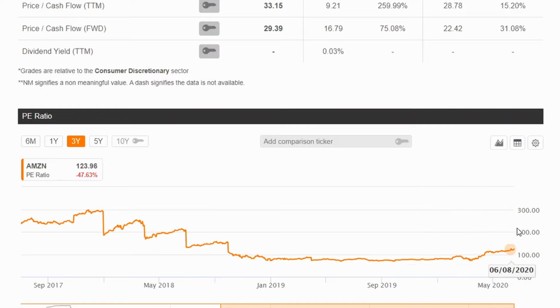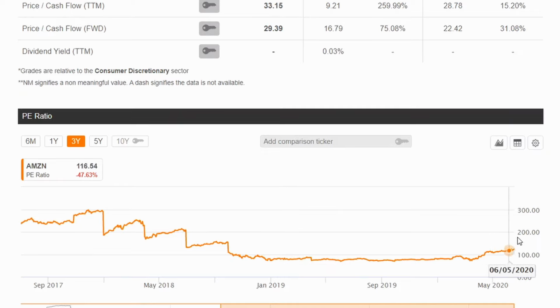It looks like it had a little bit of an uptick right here, but overall, it's been going down. And the reason why is because Amazon has continued to make more and more money, so its earnings has been able to slowly catch up to its price.